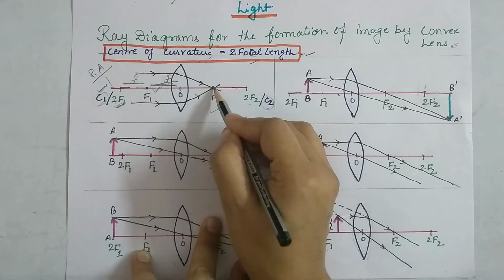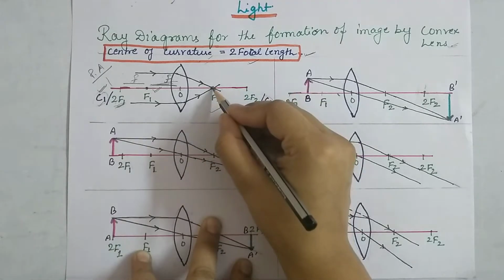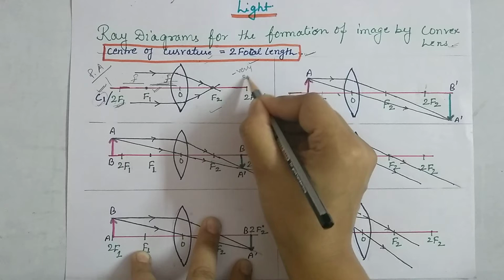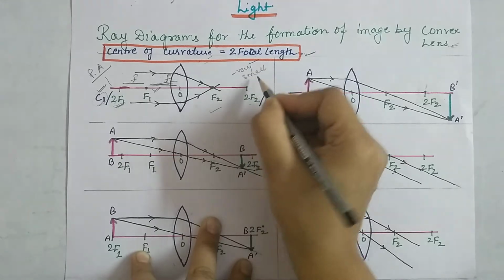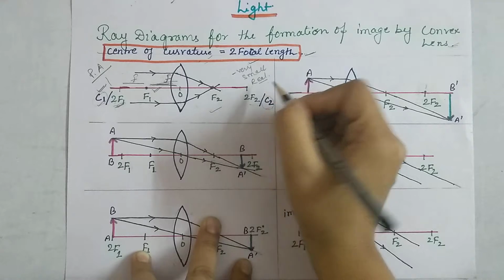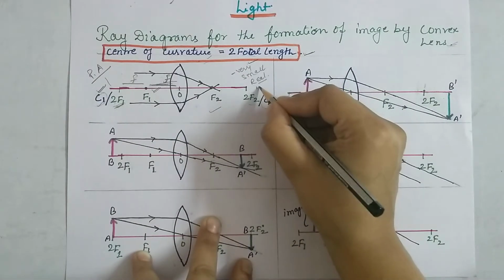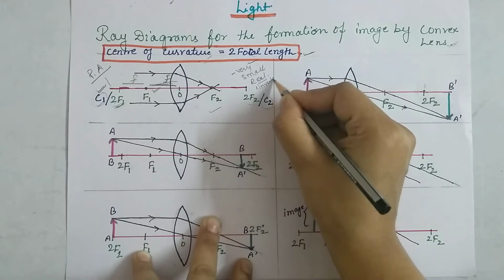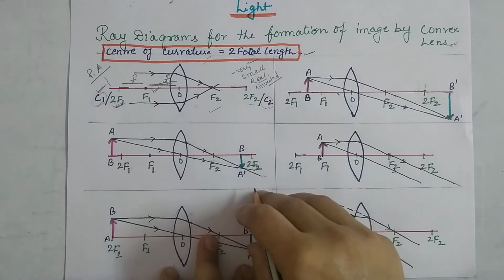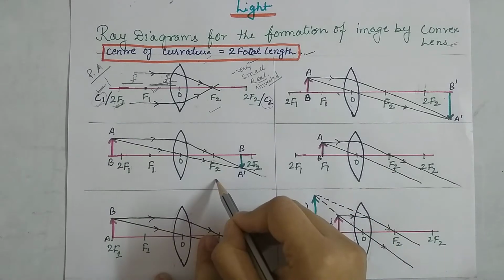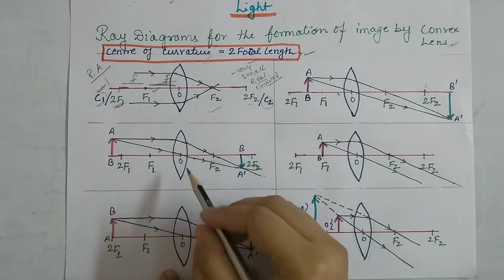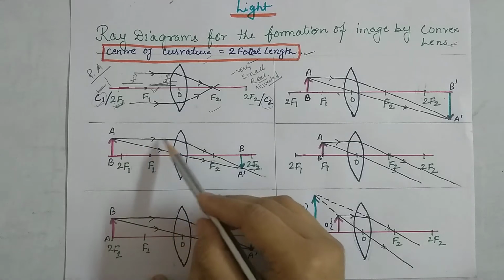Here the image formation takes place, and you can see the image is very small, and a real and inverted image will form.